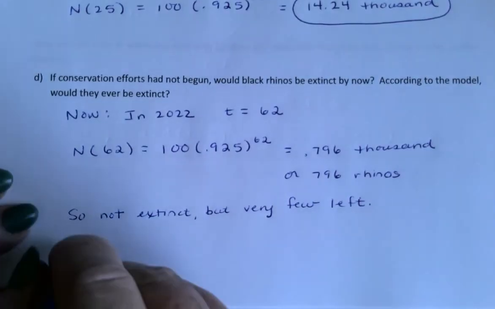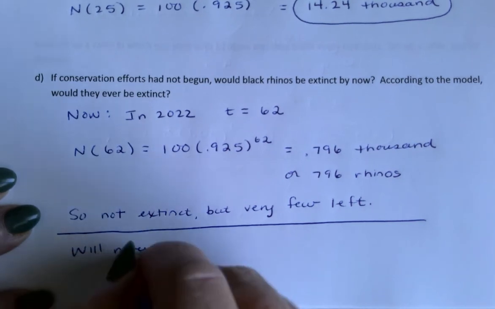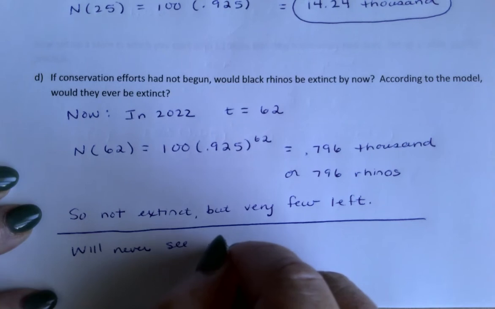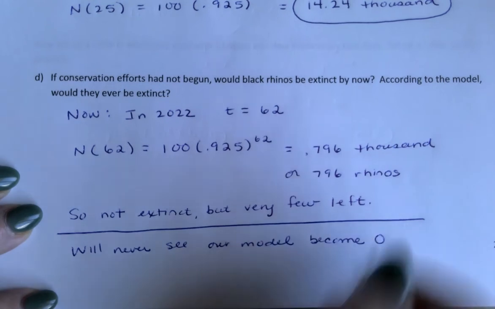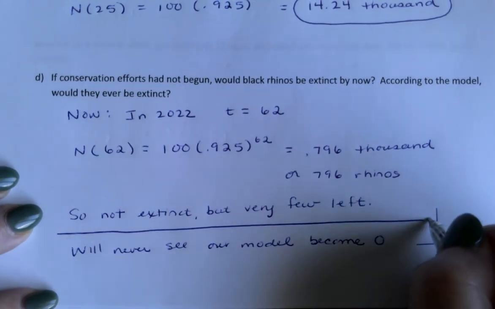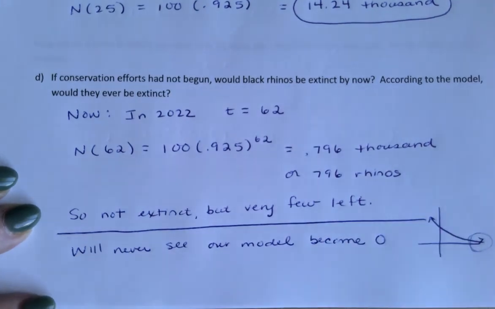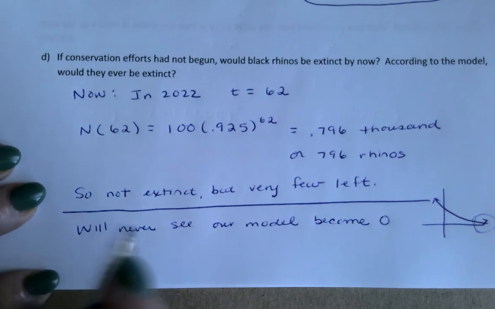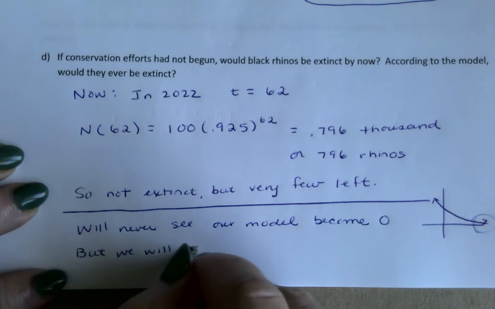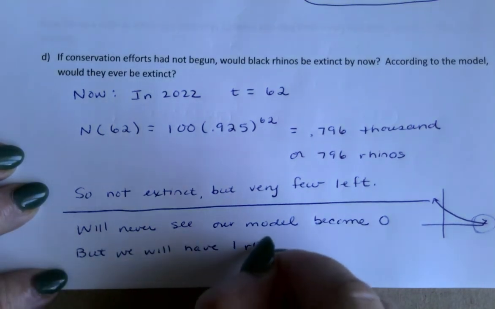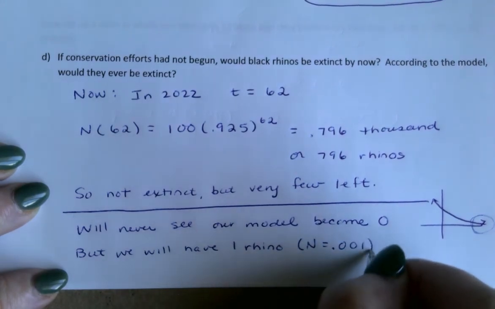So we'll never see our model become zero, because we know that's what exponential decay functions do, right? They get really close to zero, but they don't actually become zero. But we just predicted that we will have one rhino, that is n is 0.001 in thousands, right?